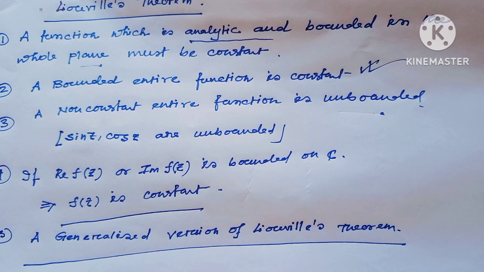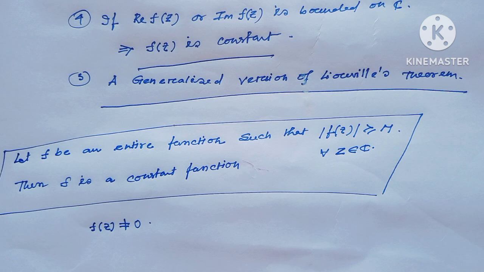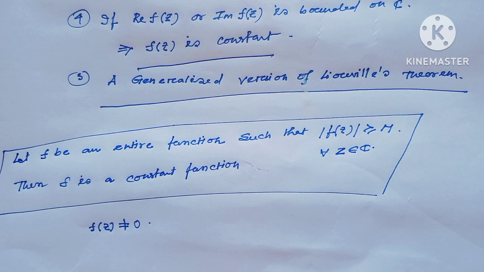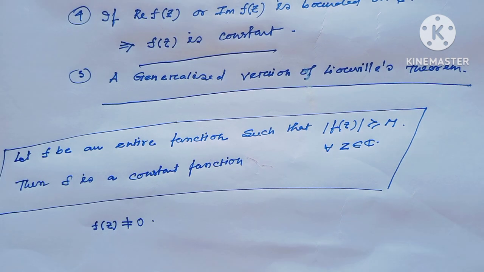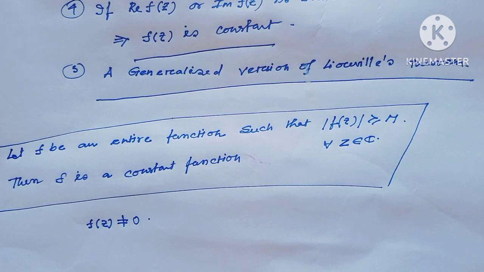exercises about Liouville theorem. First exercise: let f be an entire function such that modulus of f(z) is greater than or equal to m, and this is true for all z belonging to the complex numbers. Then that implies f is a constant function.